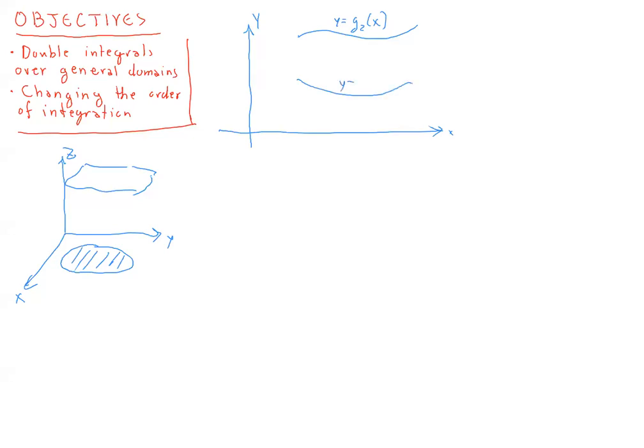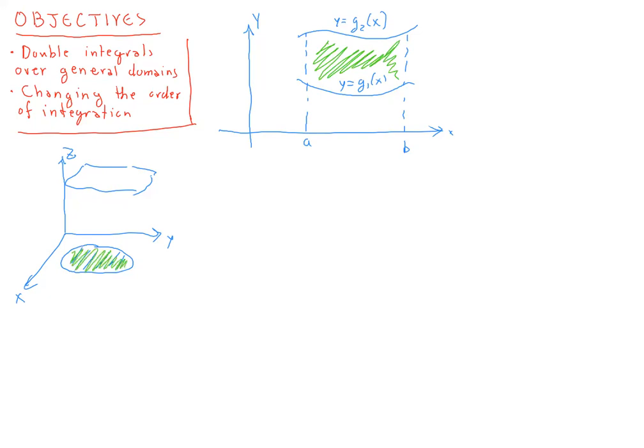So let's say this one is G1 of X, and we want to go from A to B. So imagine that this is precisely the domain that you have here, meaning this one. So that's what I was trying to draw right here.